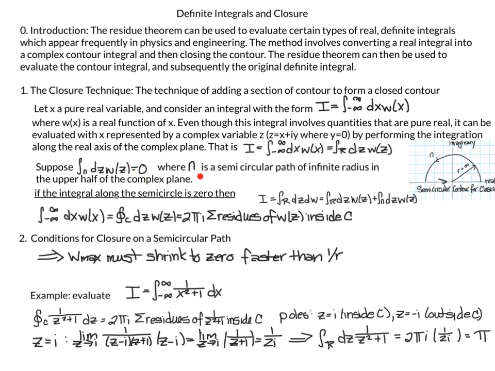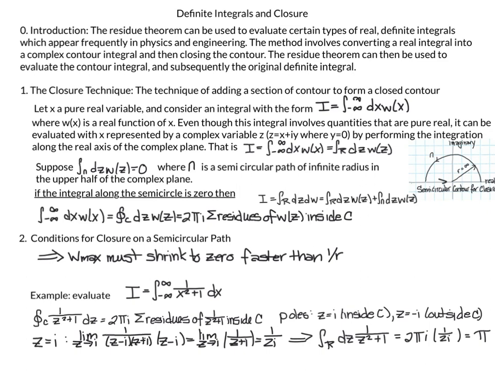This sign here is the semicircular path of infinite radius in the upper half of the complex plane. So it's this circle here that I've drawn, and R equals infinity. If the integral along the semicircle is 0, which can't be guaranteed, but we'll look at what's required for this to happen, then our original integral over R of w(z) is equal to our original integral plus the integral over the semicircle, since this is 0.